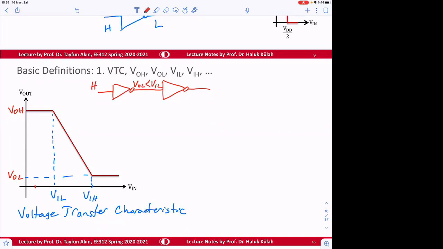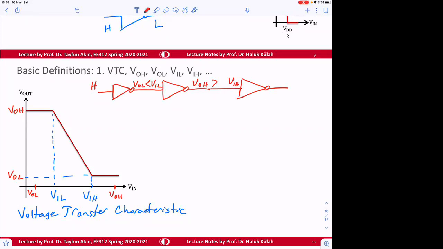So if we apply here, this is going to be the output low, and it should be less than this one. So that output of the next one is going to be the output high. And that the output high should be larger than the input high, so that proper operation is going to be happening here.